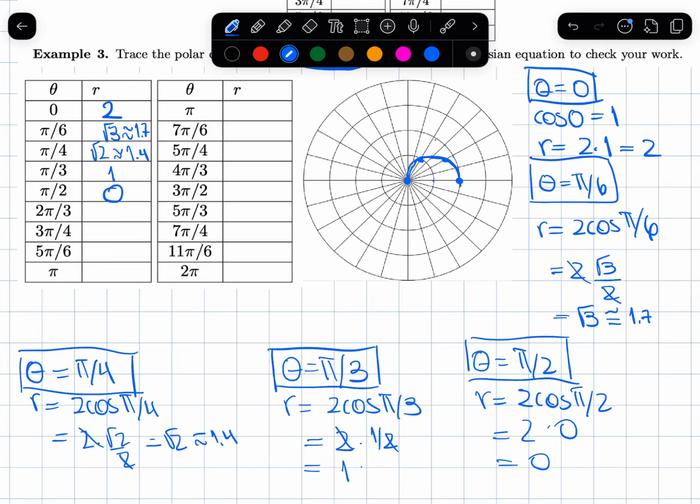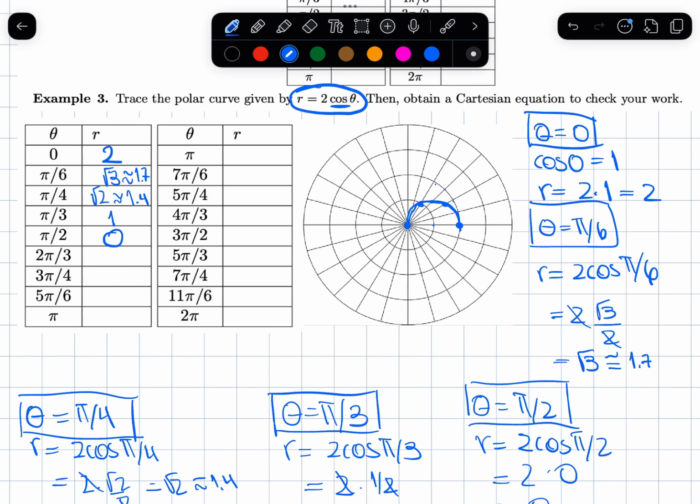And you can also remember that the cosine function is an even function, meaning when I plot the negative angles right here, I'm going to get the same values that I got for the positive angles.